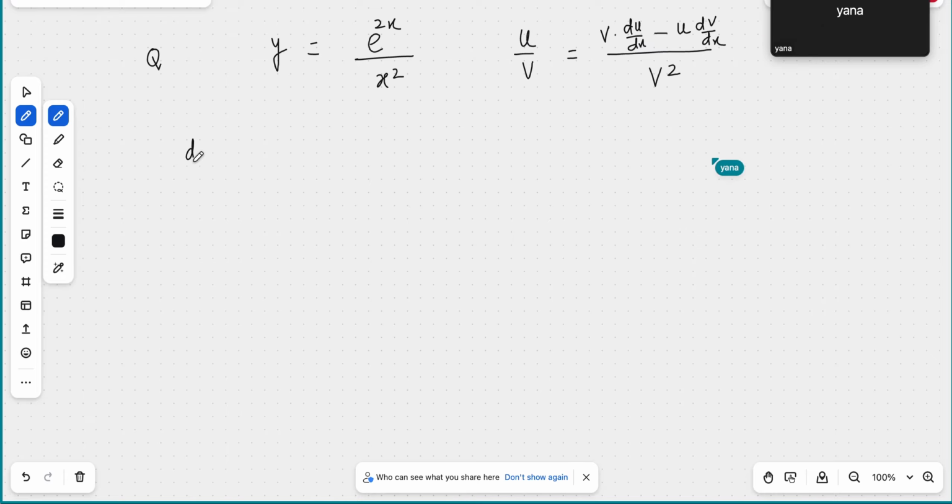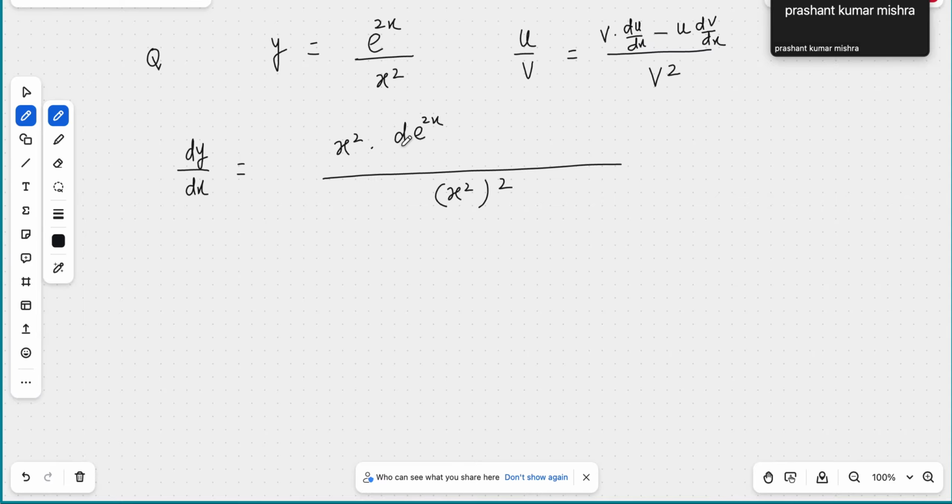So now if I do this, dy over dx is the square of the denominator, x square whole square, then x square is taken out, and then the derivative of e raised to the power 2x over dx, then minus e raised to the power 2x is taken out, and the derivative of x square over dx.